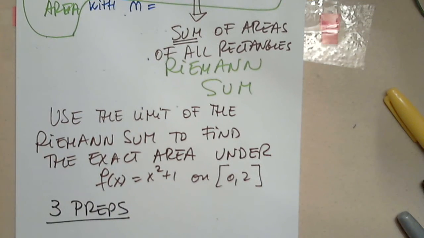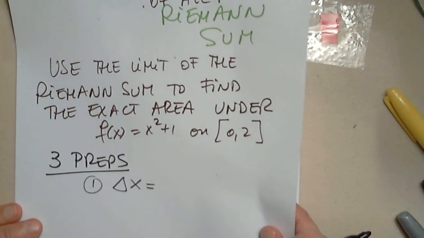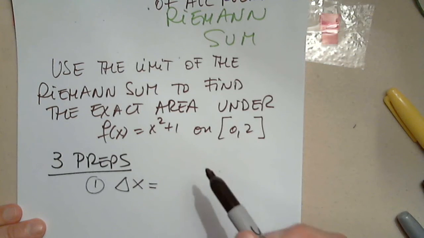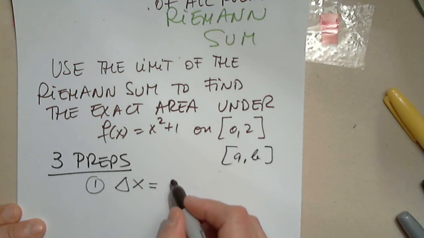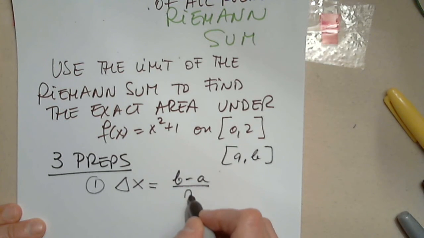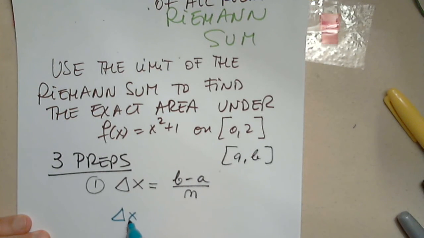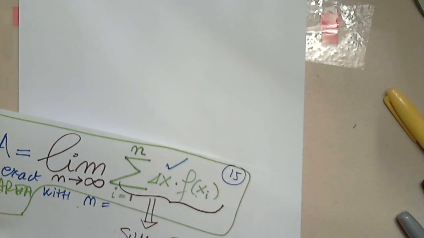So first, number 1, delta x. Delta x, by definition, for any interval a comma b, is b minus a over n. Specifically, in our case, delta x will be 2 minus 0 over n. I finally found this piece.